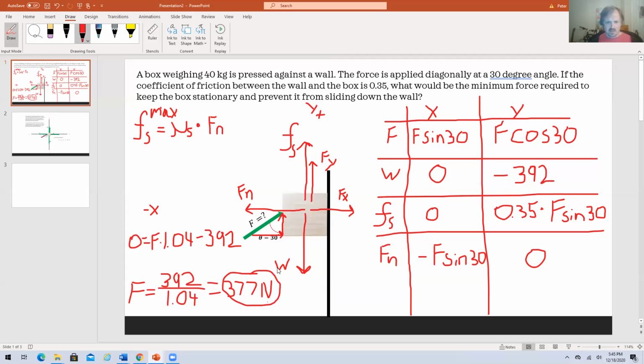So this box basically weighs 392 newtons. So 392 minus 377, about 15 newtons of this box's weight is being supported by the frictional relationship here. And then the rest is being supported by the actual F that is being applied to the surface.